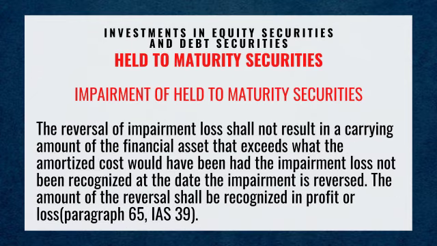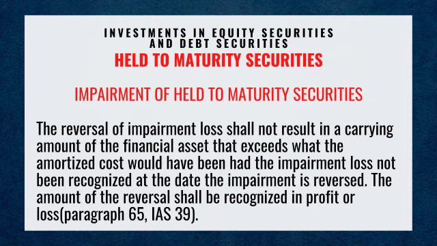The reversal of impairment loss shall not result in a carrying amount of the financial asset that exceeds what the amortized cost would have been had the impairment loss not been recognized at the date the impairment is reversed. The amount of the reversal shall be recognized in profit or loss.